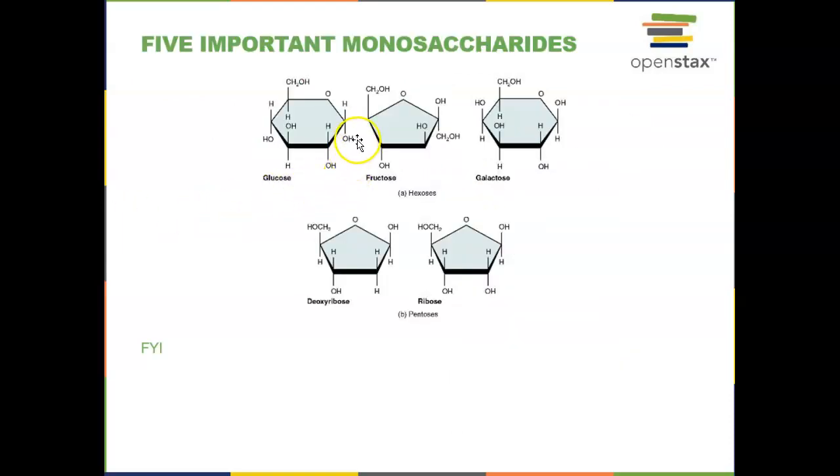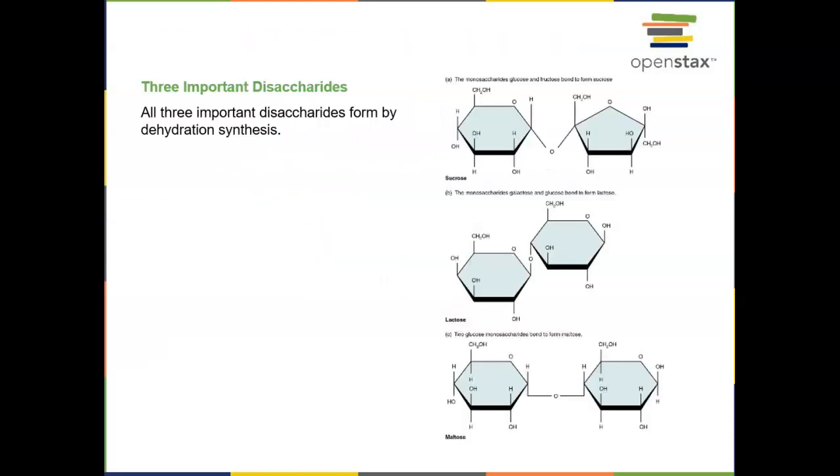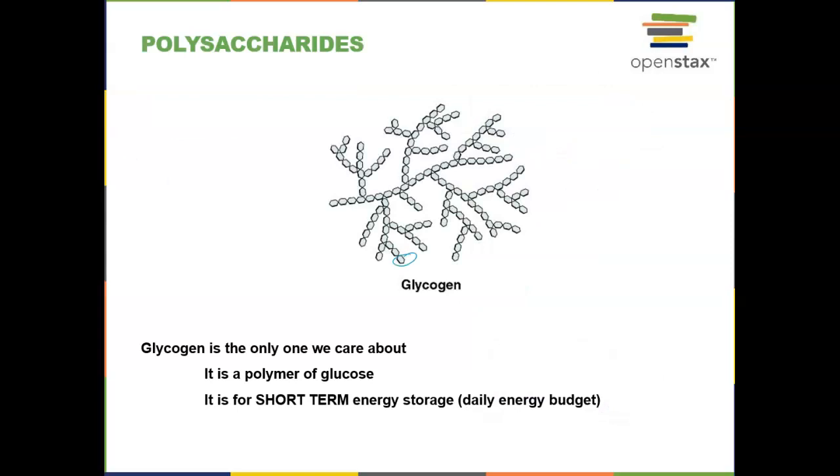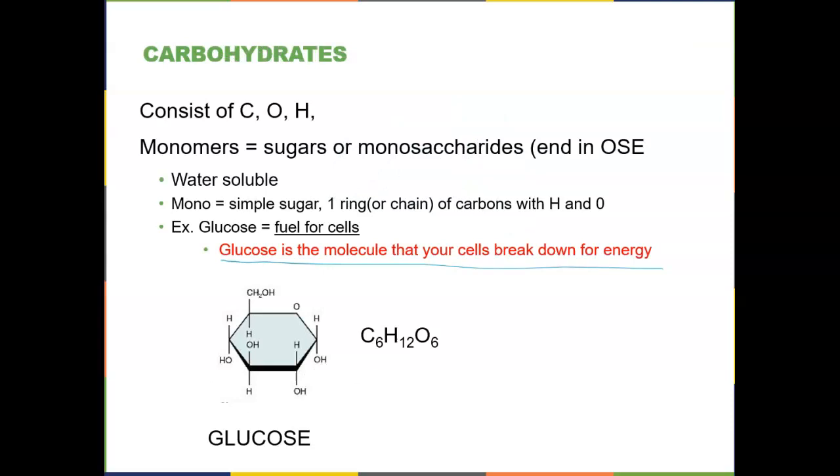You take away this OH and that H, and you get this O linkage between the two. Glycogen is made by dehydration synthesis, and if you want to break down glycogen into its glucose molecules, that is hydrolysis. So those two reactions are key to making your macromolecules.